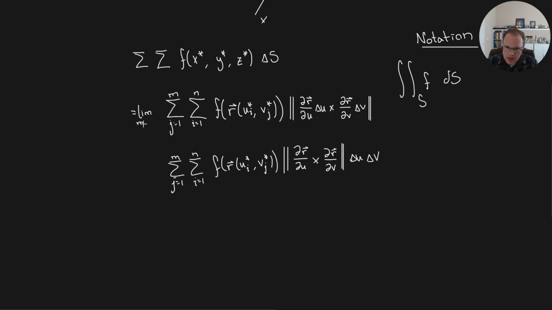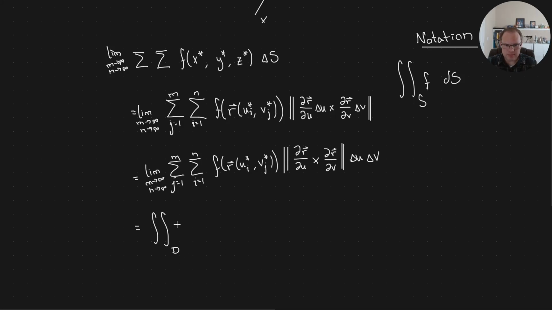limit as m and n both go to infinity, then I end up with a double integral over whatever the bounds of u and v are.